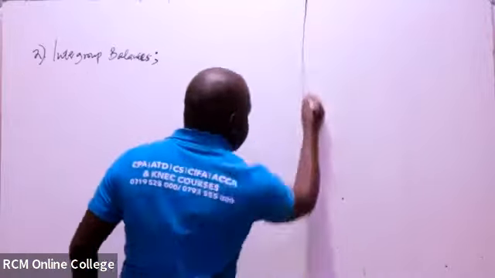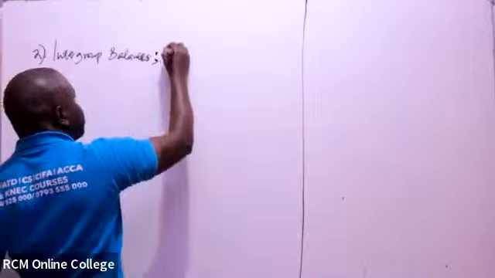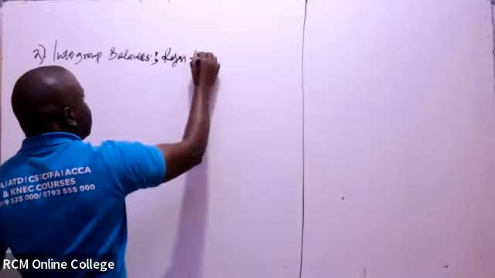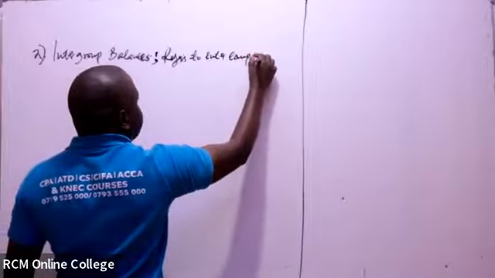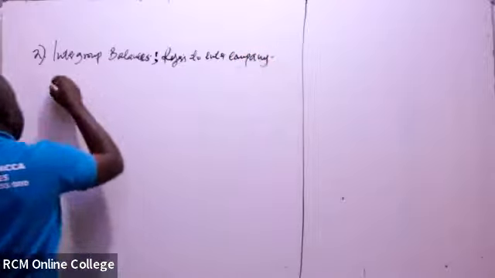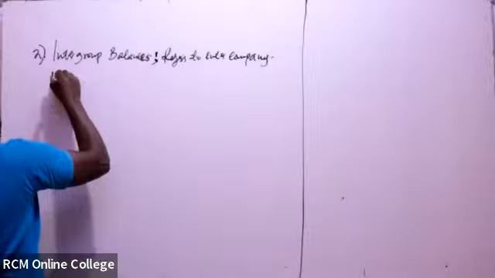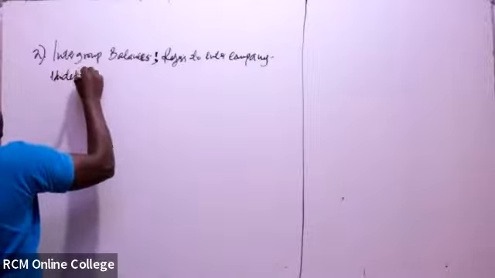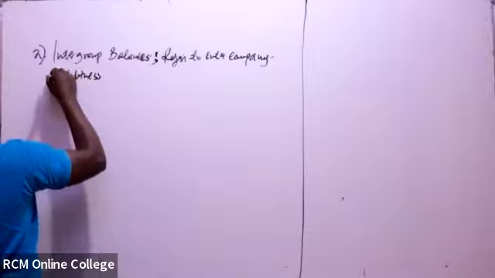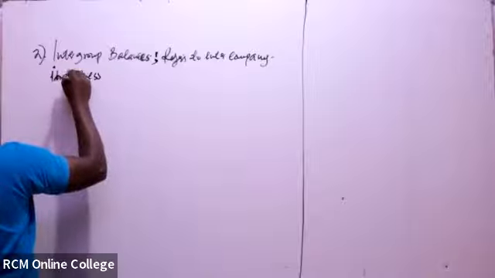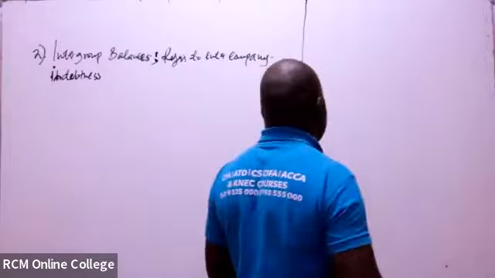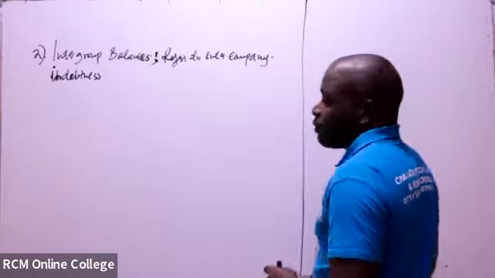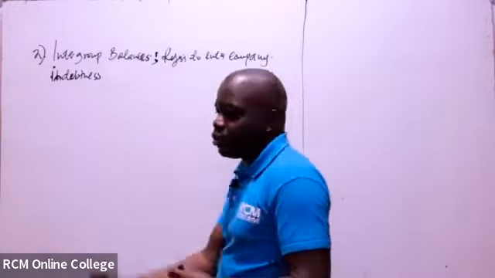It refers to intercompany indebtedness. It is where one of the companies is a debtor to the other by virtue of the fact that one of the companies supplied goods to the other on credit.